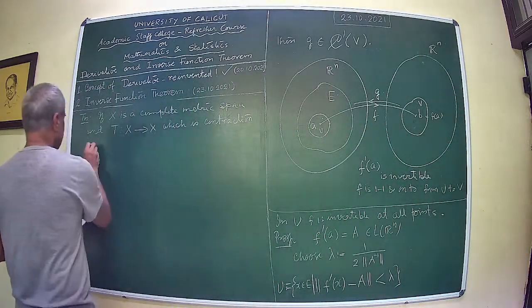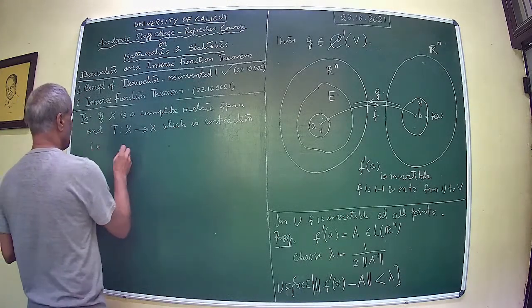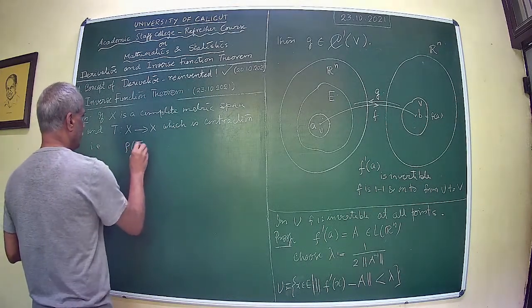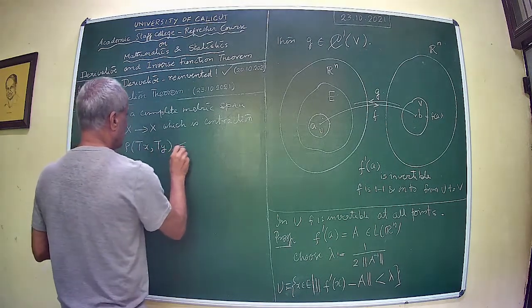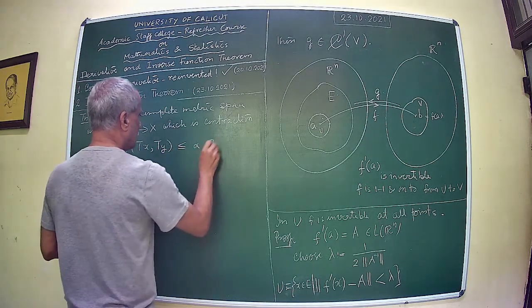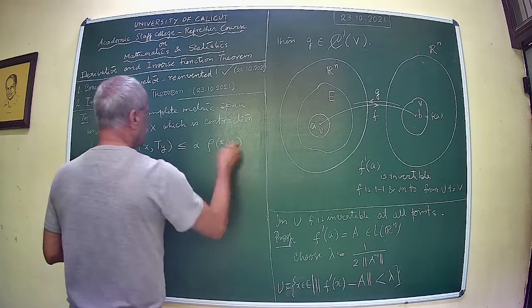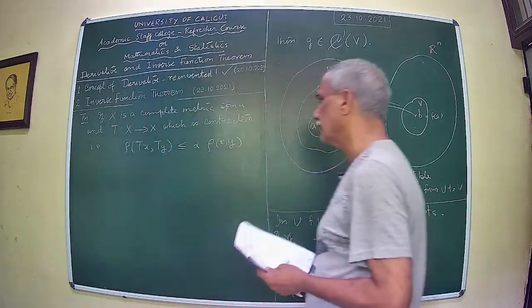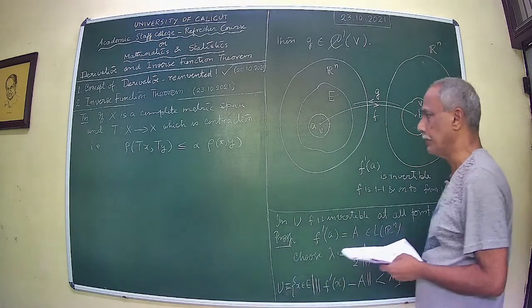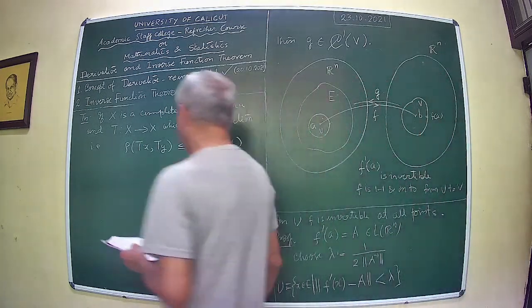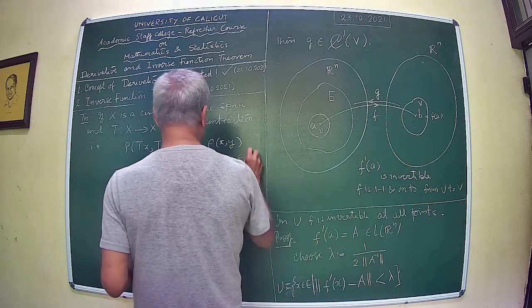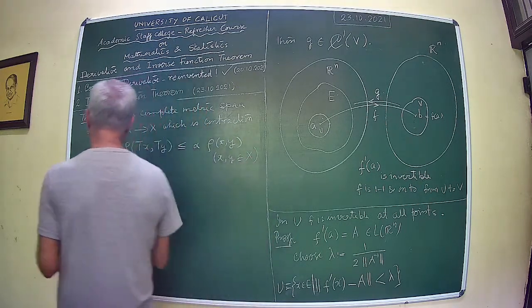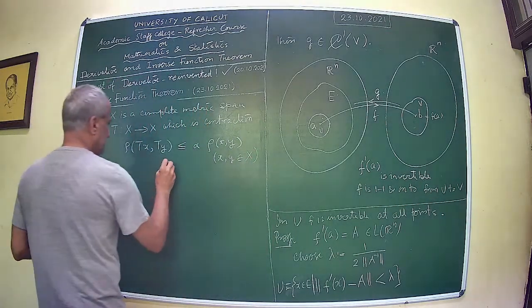Okay, that is rho of Tx, Ty is less than or equal to alpha times rho of x, y, where rho is the distance function that you have in the metric space for x, y, and alpha is less than 1.